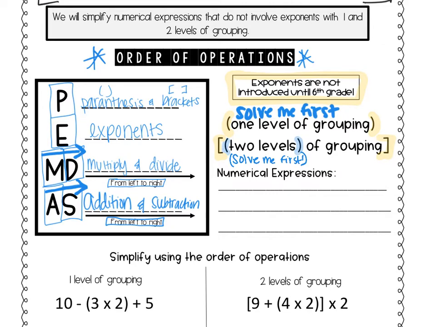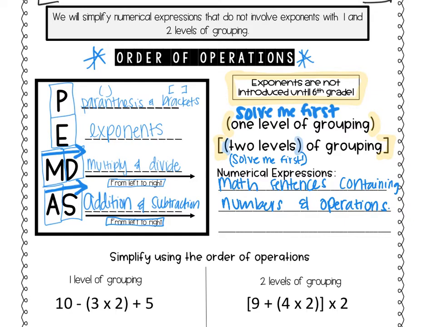So when we have numerical expressions, we need to just know that numerical expressions are math sentences containing numbers and operations.